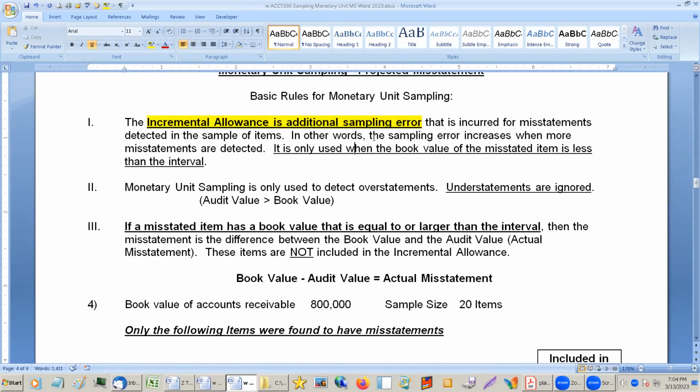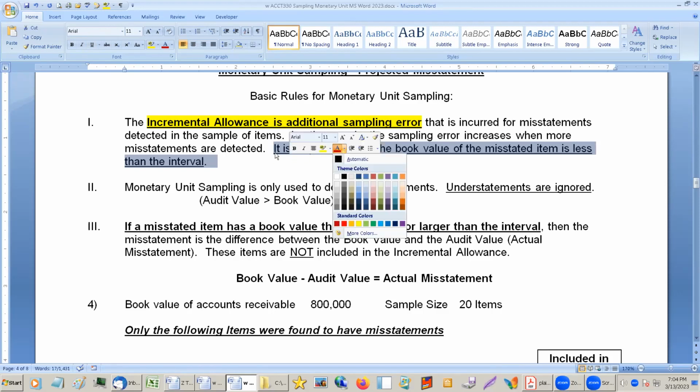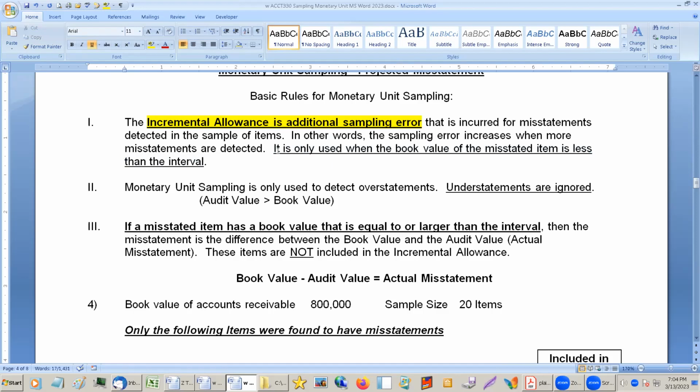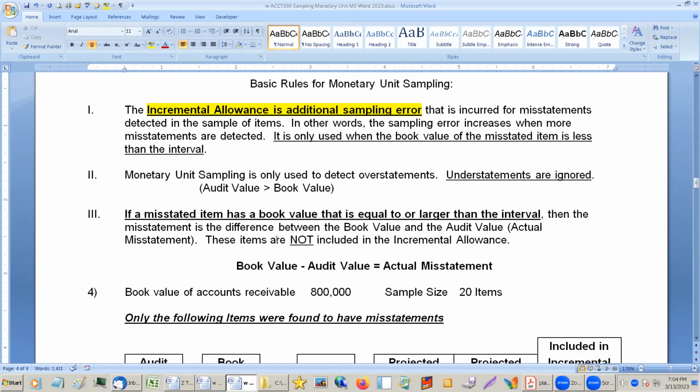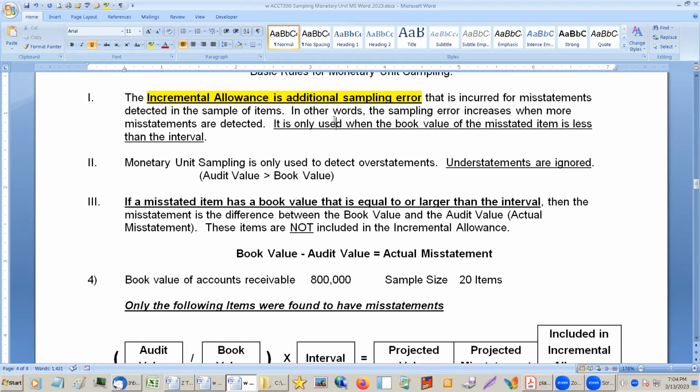But it basically says that if you do find errors, it's possible there are more errors. It's at least likely that there could be more errors in the sample itself. And it's only used when the book value of the misstated item is less than the interval. And we'll talk about how quirky that one is.